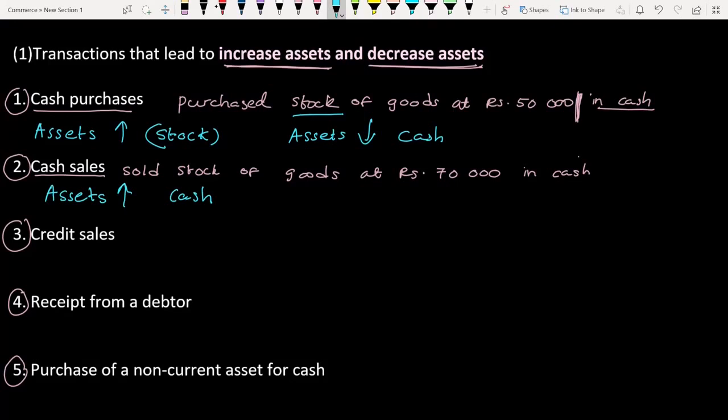On the other hand, the stock in the business will reduce because the business sells this stock. Stock is an asset. Therefore, assets again will decrease.